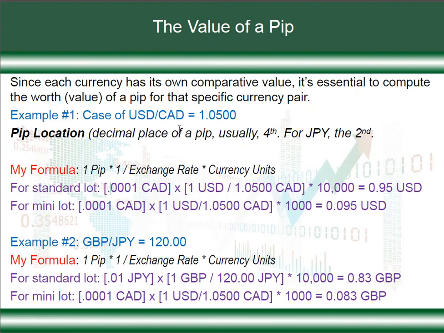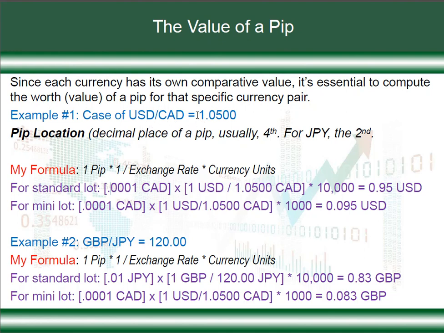Now, for me to get the pip value for USD CAD, I will take 1 pip. 1 pip is 0.0001 because this is quoted in 4 decimal points. I will then multiply that by the quotient. That means I will have 1 USD divided by 1.0500 CAD.